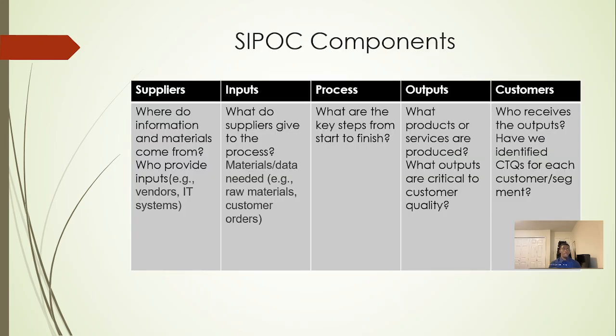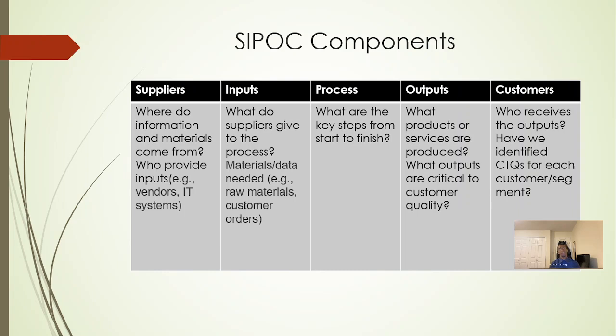So let's break it down. The SIPOC components are 5 key elements. The first is the suppliers: where do information and materials come from? The people or systems providing inputs.